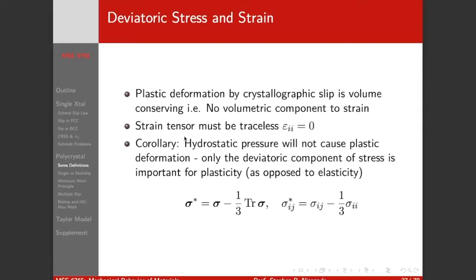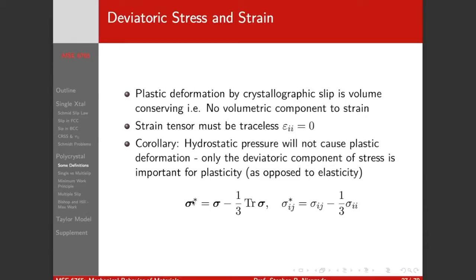I can take a hunk of metal and throw it to the bottom of the ocean and keep adding more and more hydrostatic pressure, and it won't cause plastic deformation, only an elastic volumetric strain. So that means only the deviatoric component of stress is important for plasticity.